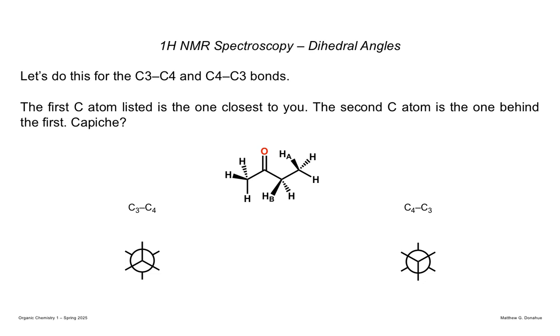So let me do some coloring here. So we said that was red, and this was blue. So in the nomenclature here, it says, let's do this for C3 to C4. So this means front, and that means back.